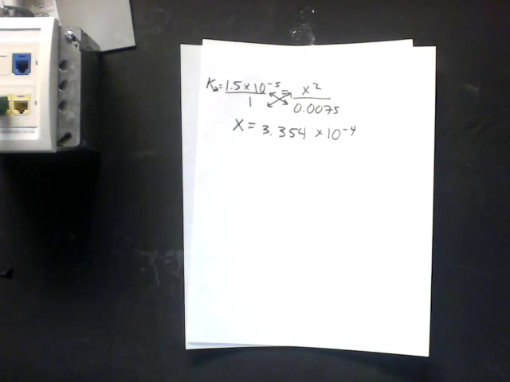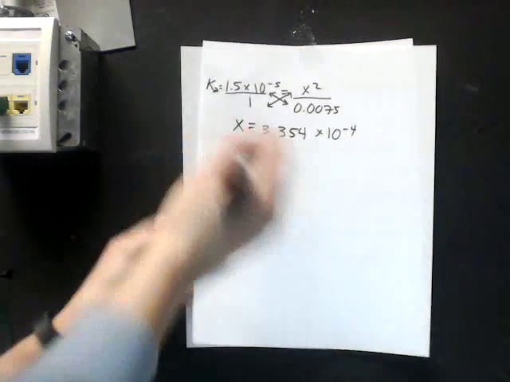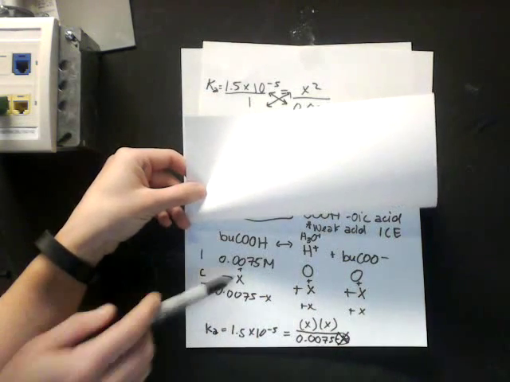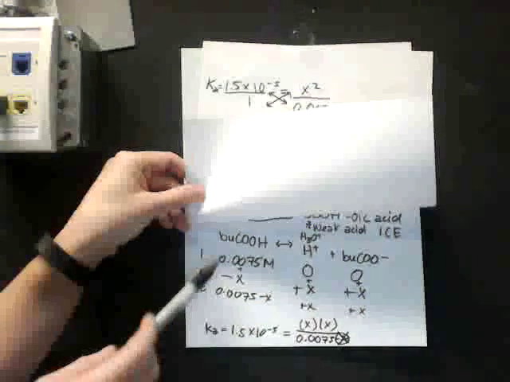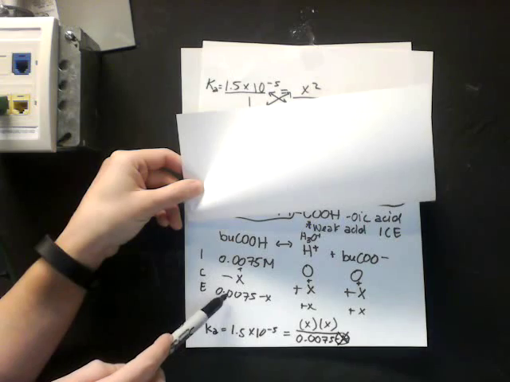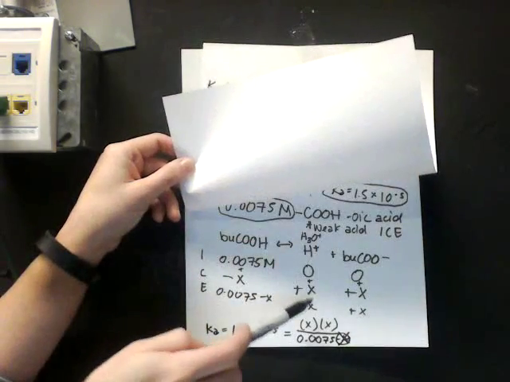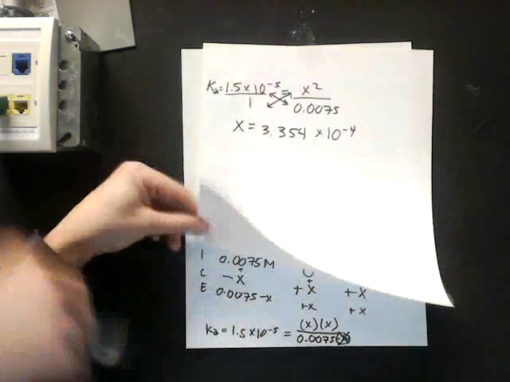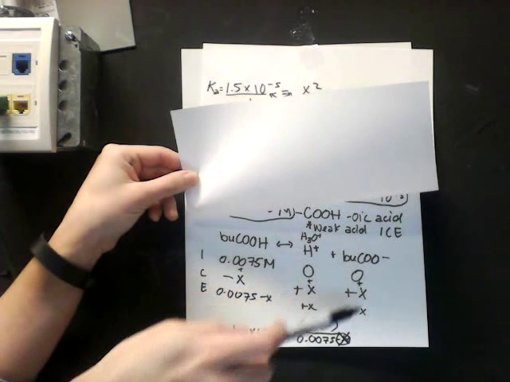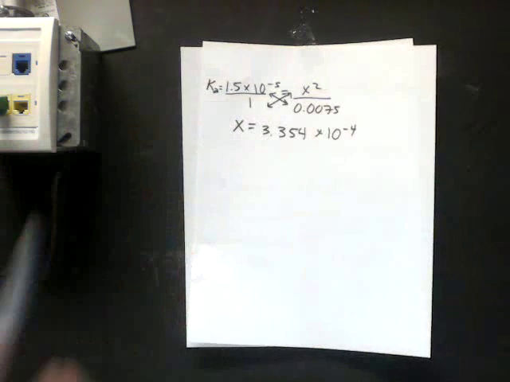So if we go back to the previous page, butanoic acid's equilibrium value will be that 0.0075 minus this X value. Equilibrium concentration of H plus will just be X, and the same thing for the ion. The ion's concentration will also be just that X.